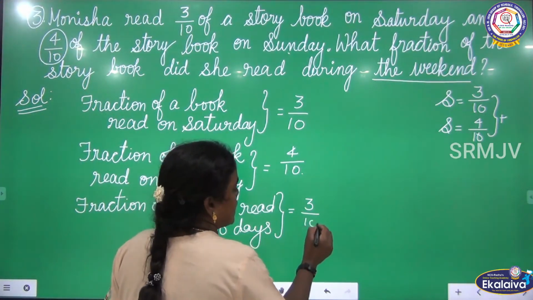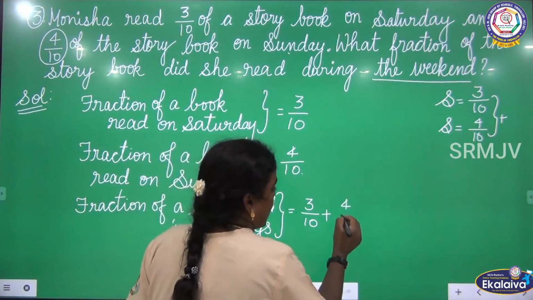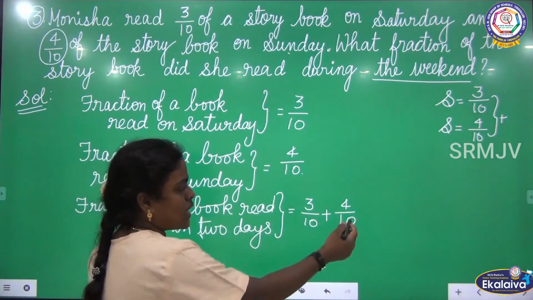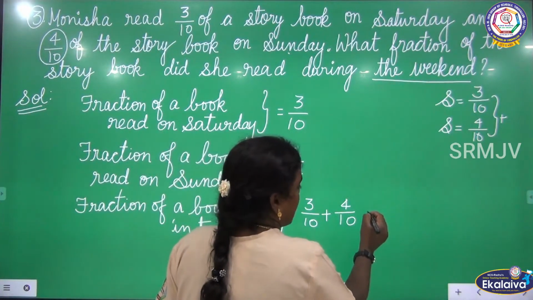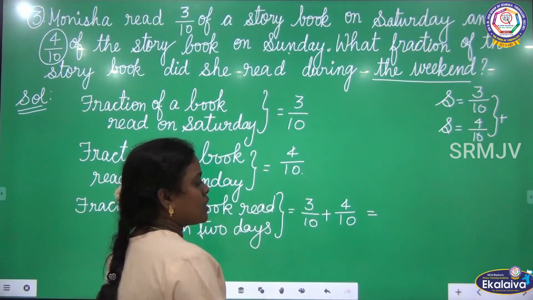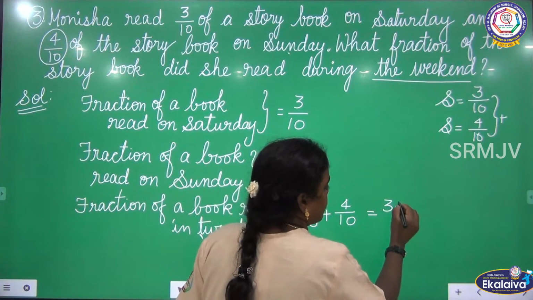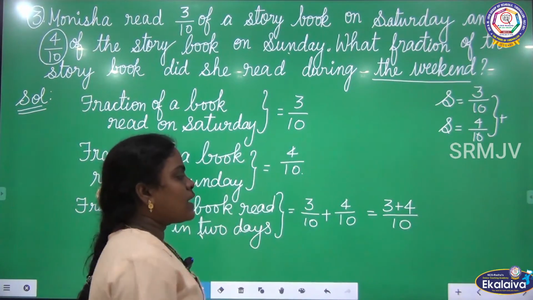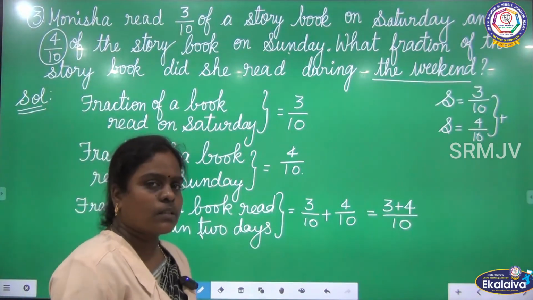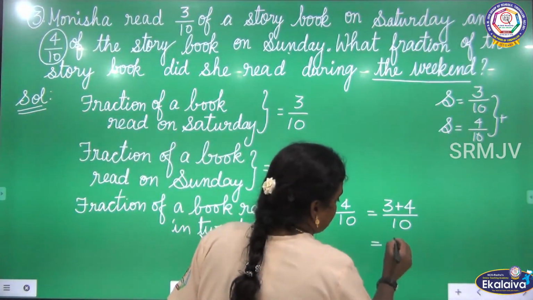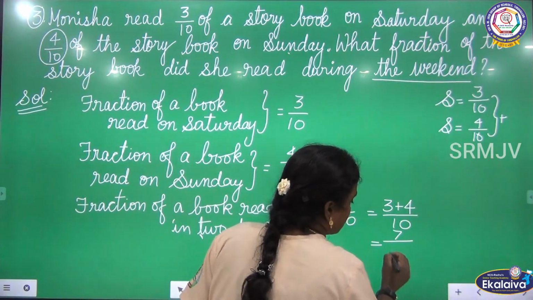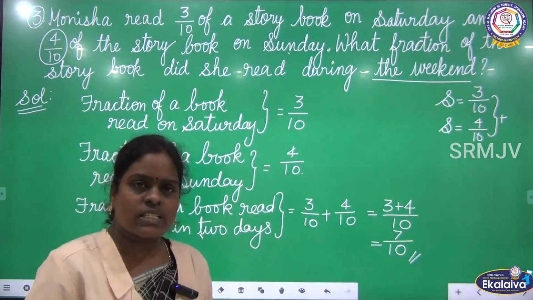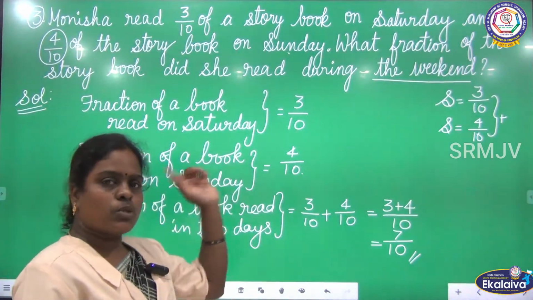So the fractions are 3/10 and 4/10. So here the denominators are same. So you just add only the numerators. 3 plus 4/10. So if you add 3 and 4, what will you get? Yes, 7. And here the denominator is 10. So this is the fraction of the book she read in 2 days.